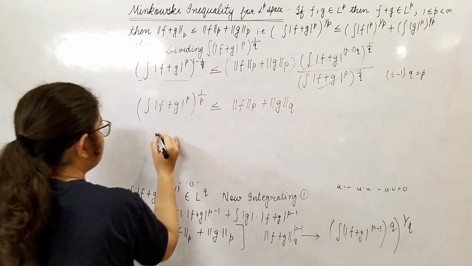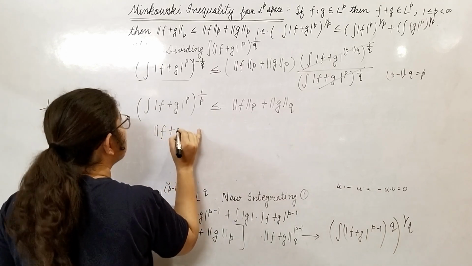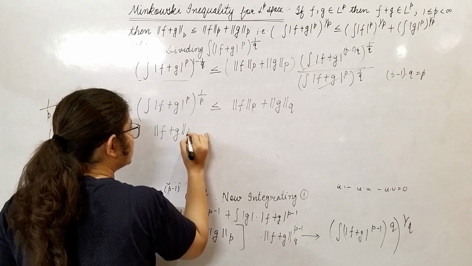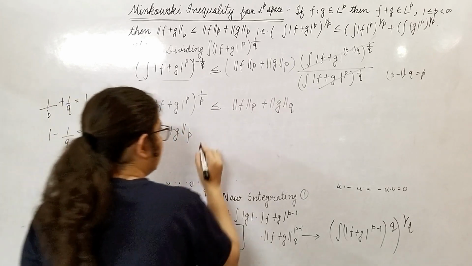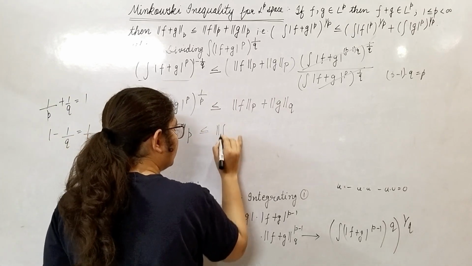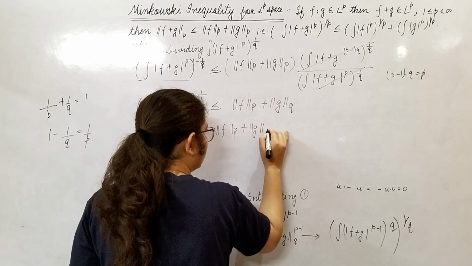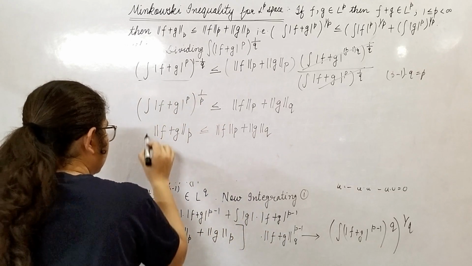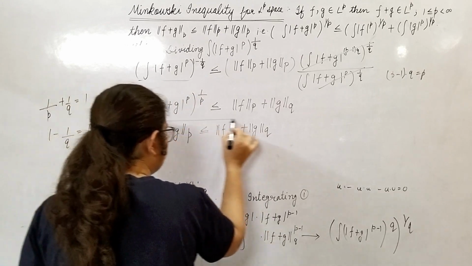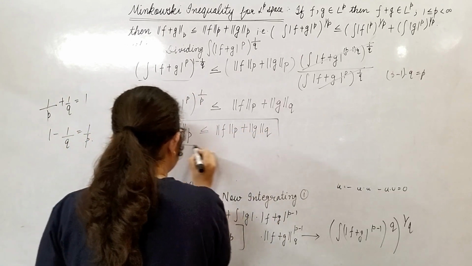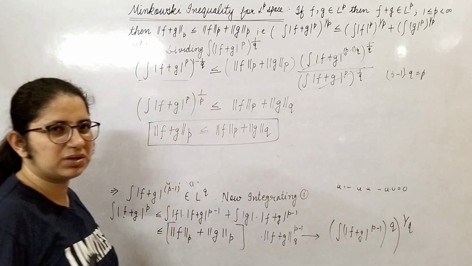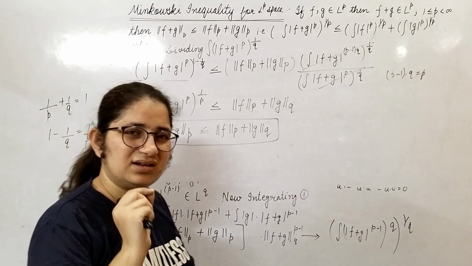Now, what is this? This is the norm of f plus g over which space? P space is less than or equal to the norm of f over p plus the norm of g over p. Alright, so this is your required inequality. In Minkowski inequalities, the representations are a little difficult.